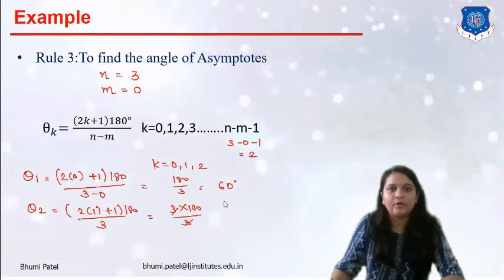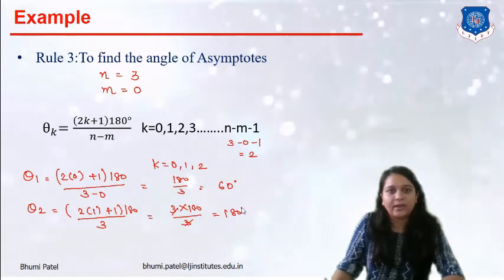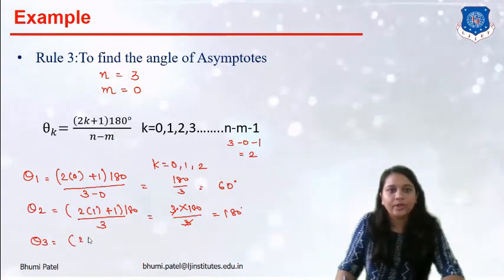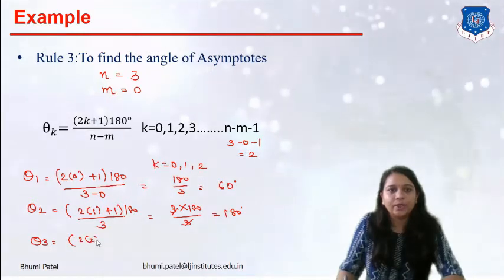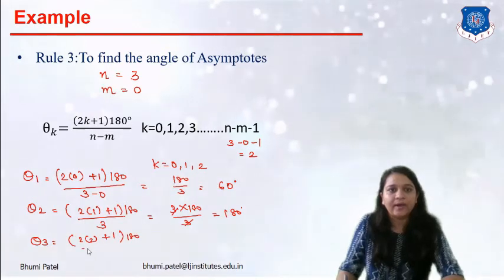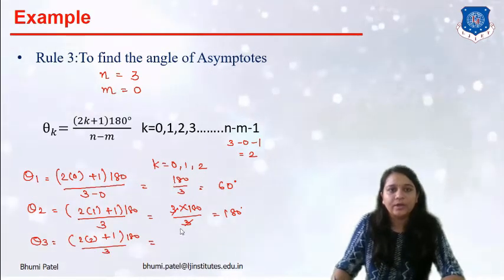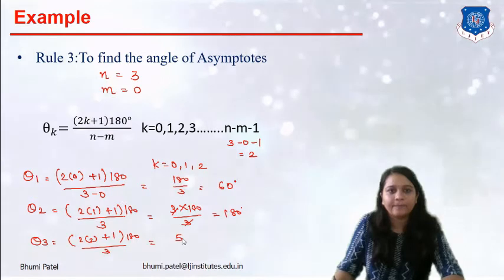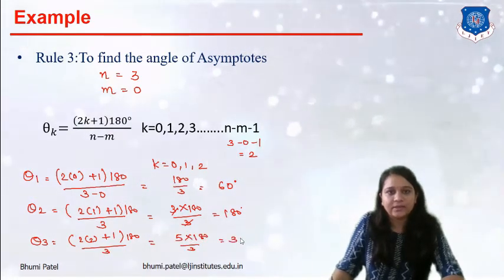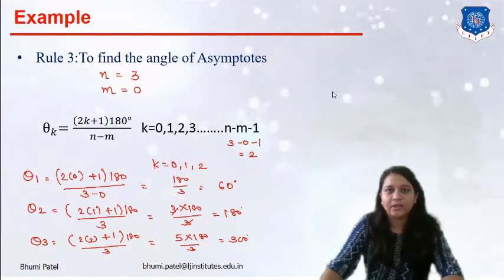The 3 cancels out, so we get 180 degrees. Theta 3, put k equal to 2: (2 into 2 plus 1) into 180 divided by 3, so it is 5 into 180 divided by 3, and the answer is 300. So we get the three angles.